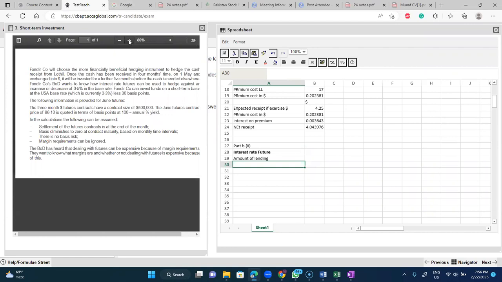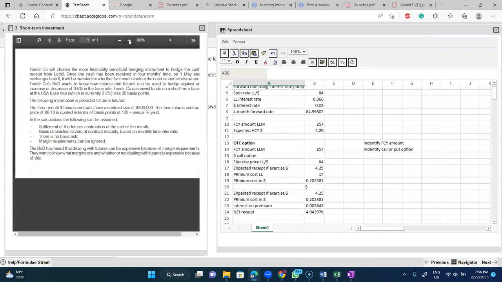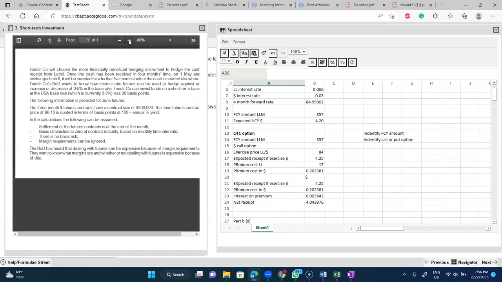So which receipt will you take, the option receipt or the forward receipt? In option, we are receiving 4.04. In forward, we are receiving 4.2 million.